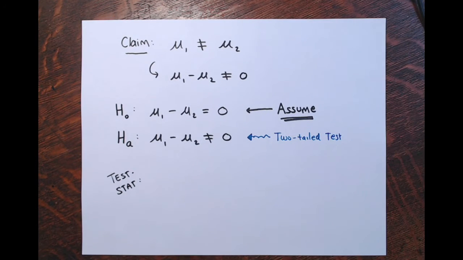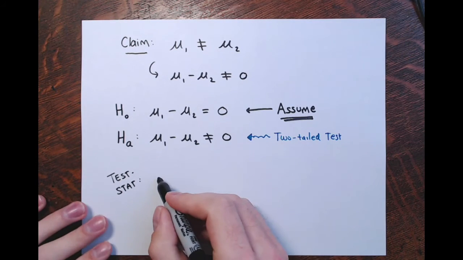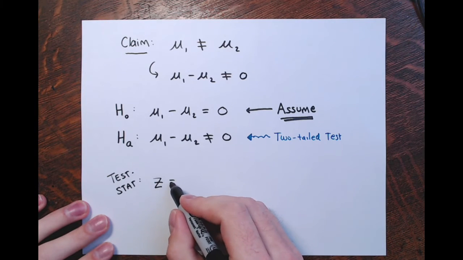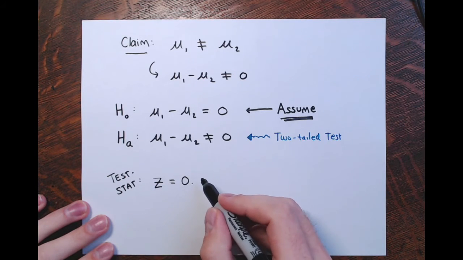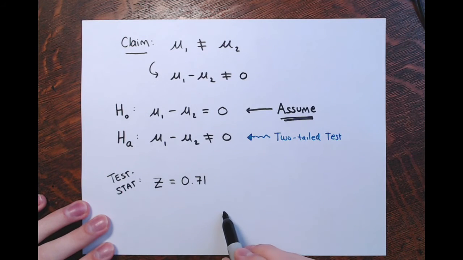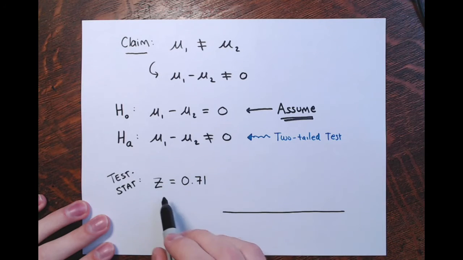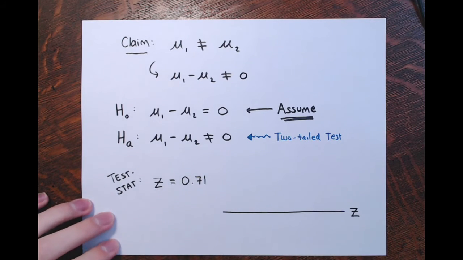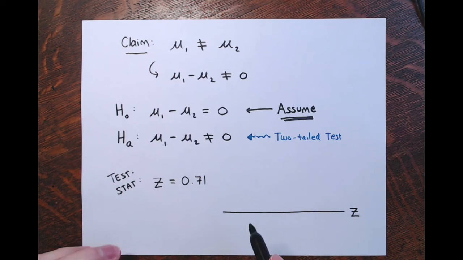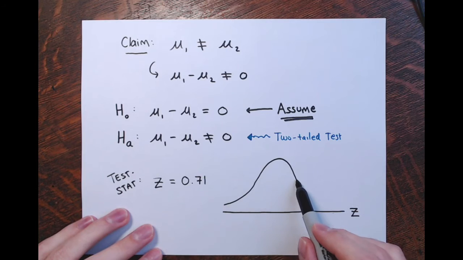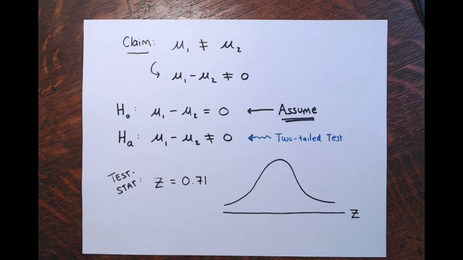All right. So they gave us a test statistic. They told us the test statistic for the difference in our sample means was 0.71. Now what I'm going to do is draw the standard normal curve, the z distribution, since this is a z-score. So, a number line with z-scores, the distribution is symmetrical and bell-shaped.